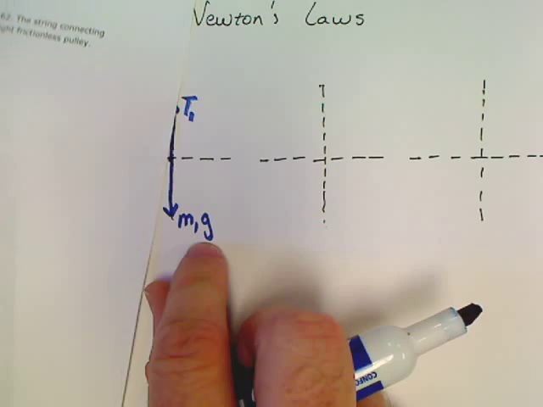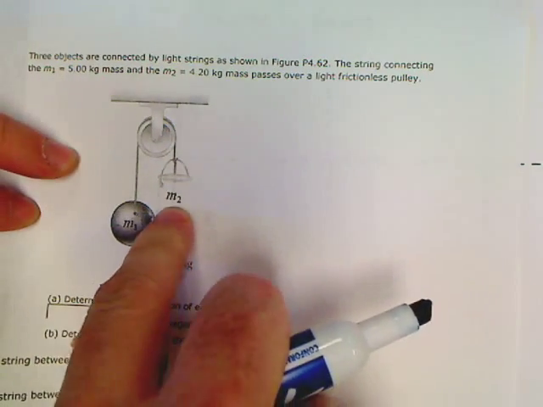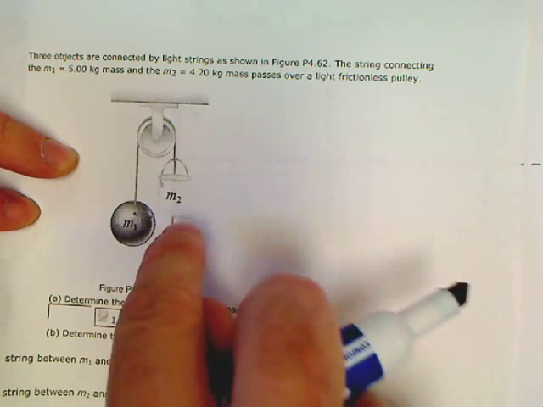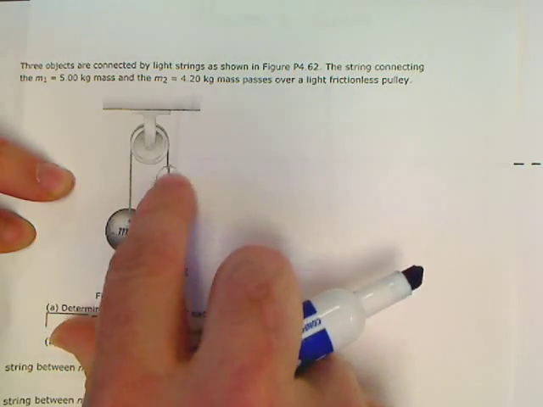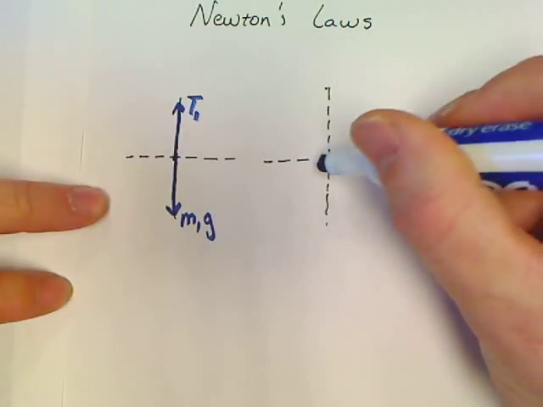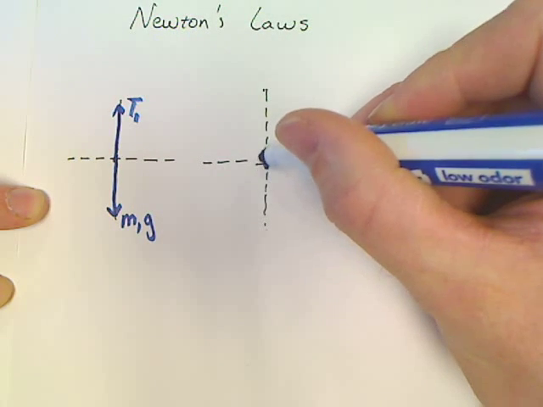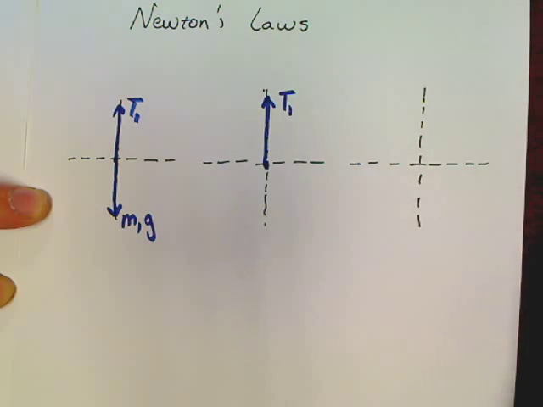Now, that one's not hard. You're used to that. The one that's going to trick you is this M2, this object up here. So we've got this other object right here, M2. And let's do our diagram for it. It's got a rope attached to the top of it. So for it, we've got a T1 coming off the top.